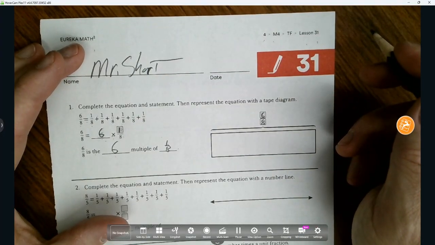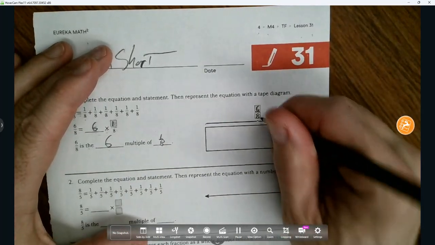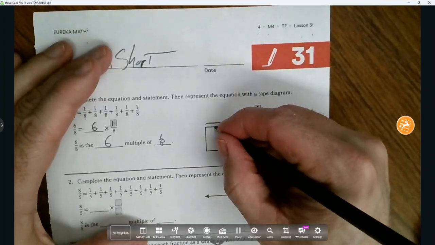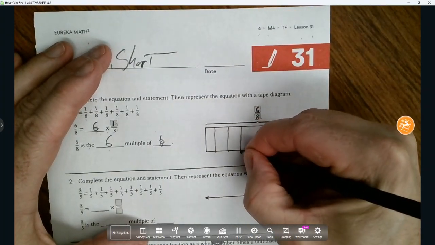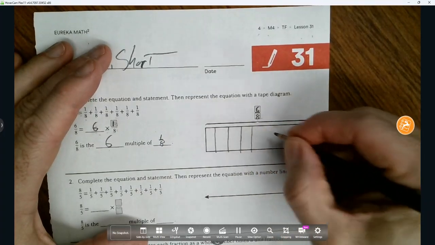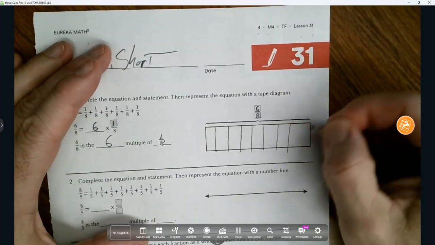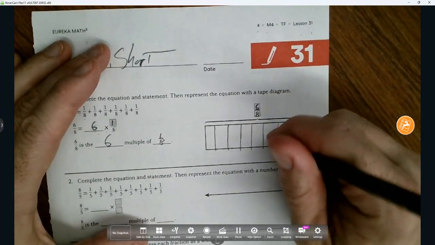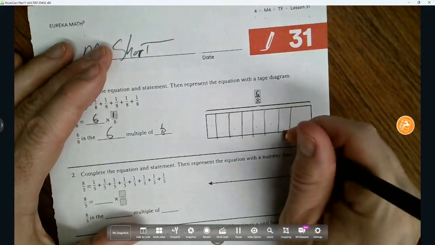Again, we're going to do the whole thing in 8s. We have to have 8 spots. So we have 1 spot, 2, 3, 4, 5, 6, 7, 8. Wow, those are not good. Well, we got our 8 spots. They are not very even.